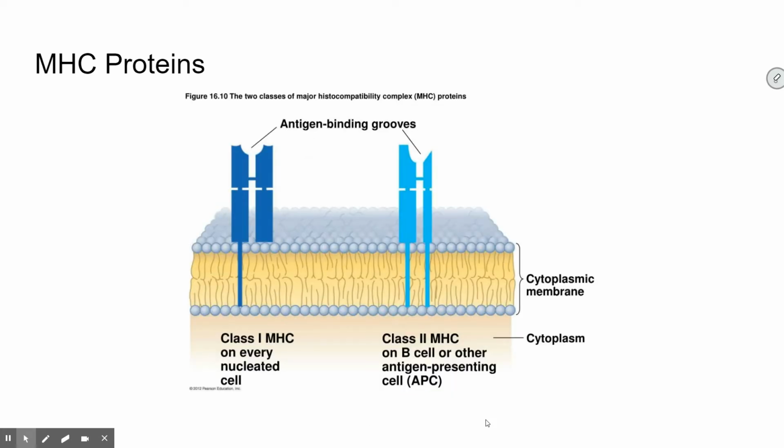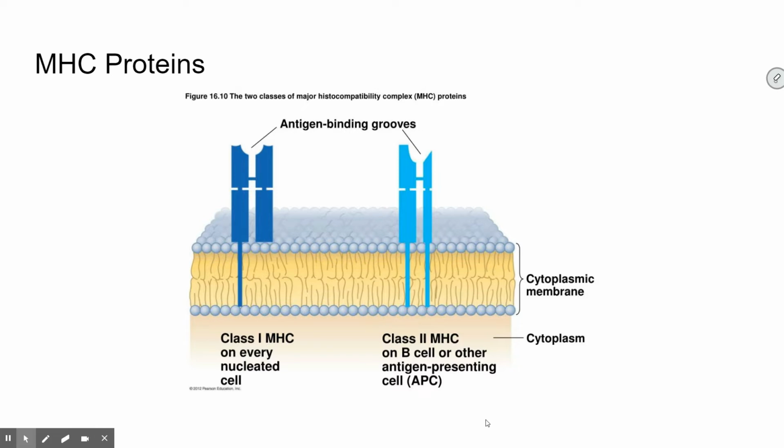and their classification differs. There are two different classes of MHC proteins. If you remember, we talked about these. These are these self-recognizing type proteins. And so there are a couple of different ones that we need to talk about, and they're called class 1 and class 2 MHCs.